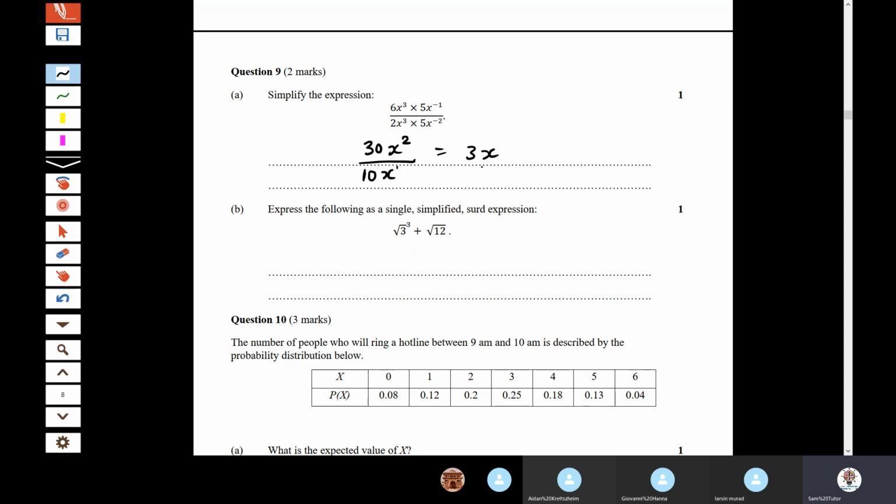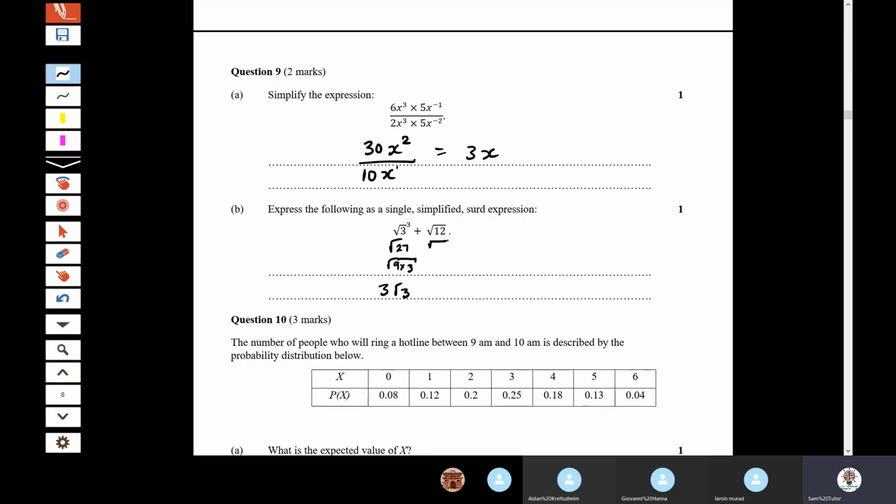Express the following as a single simplified surd expression. Root 3 cubed is pretty much root 27. 27 is 9 times 3, and then that gets broken up into 3 root 3.